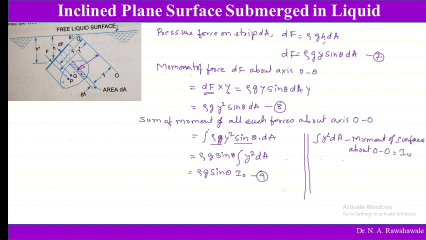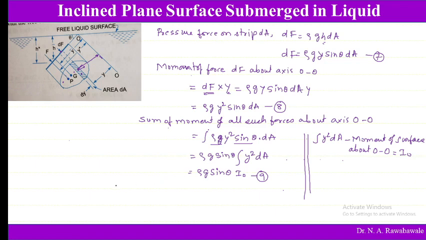So the force F is the total pressure force. If we take the moment of this force about this axis O, then the moment of this force about the axis must be equal to the sum of moments of small forces about the axis.